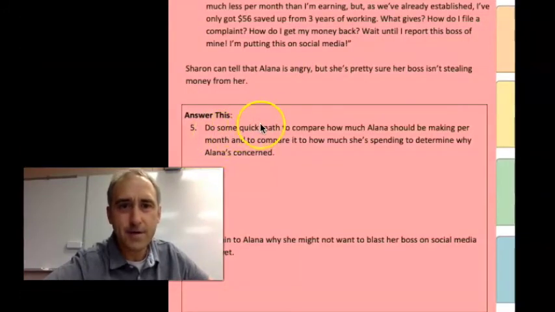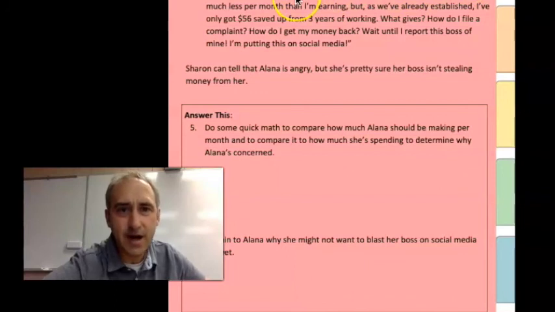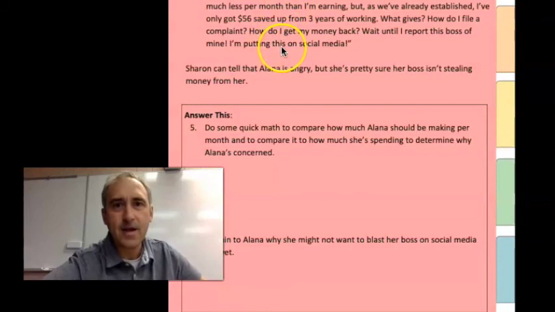Number 5. Do some quick math to compare how much Alana should be making per month compared to how much she is spending to determine why she is concerned. So you're going to take these numbers here. 15 hours a week times $11, and how much should she be making a week?